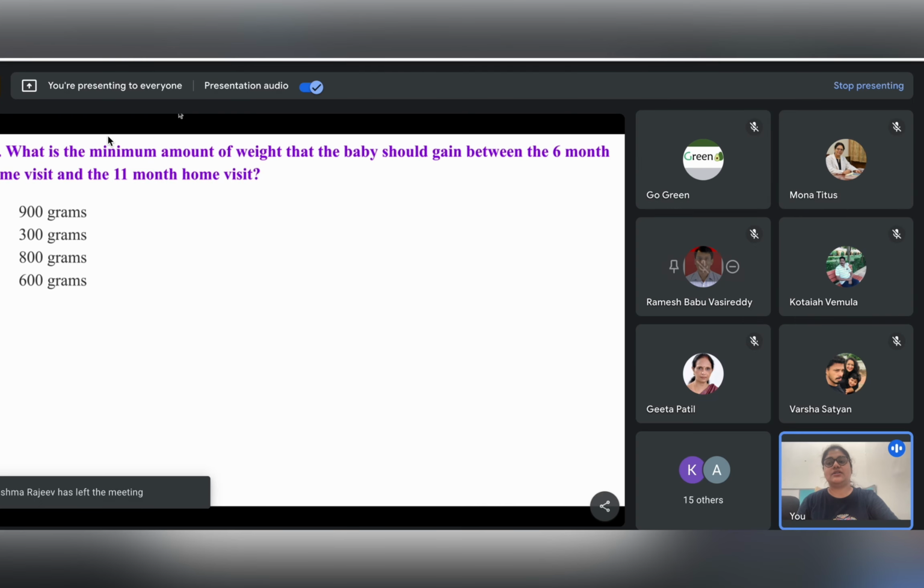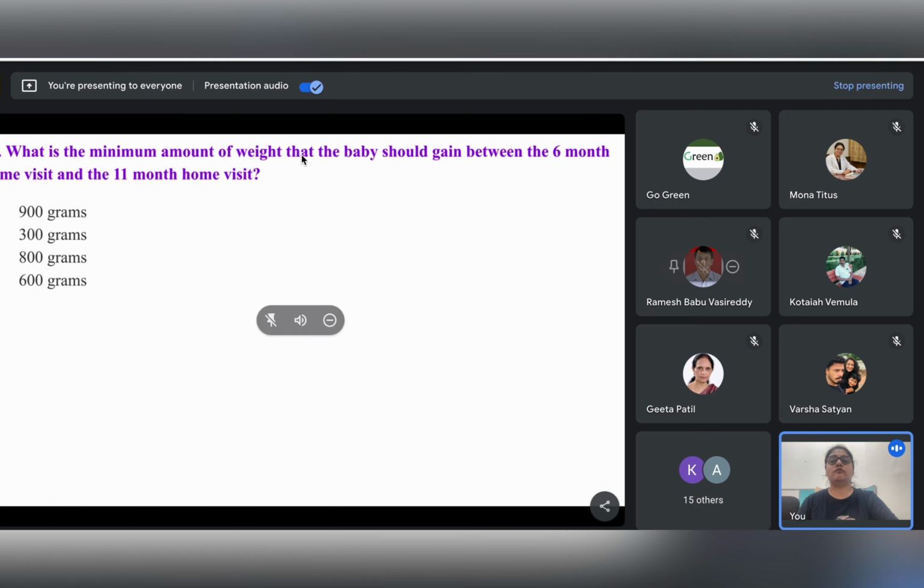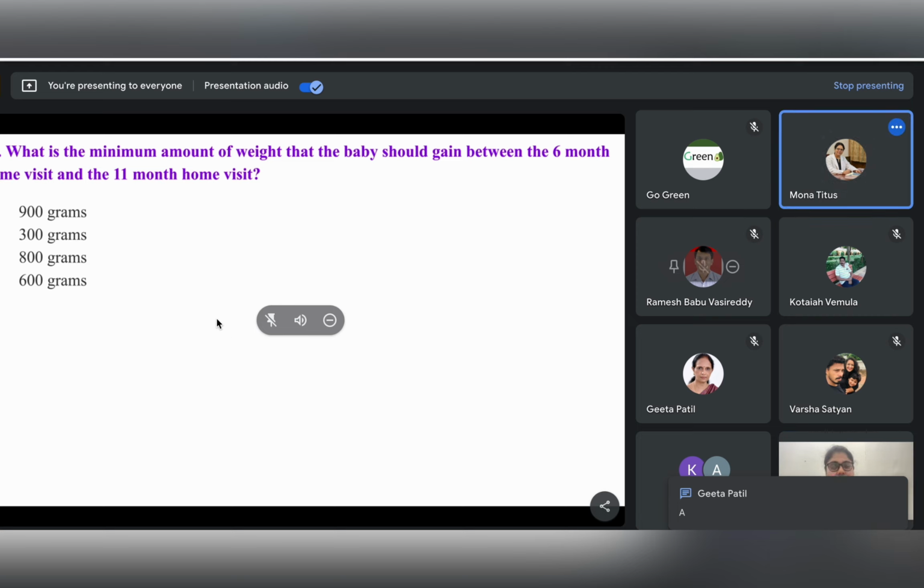So next question, what is the minimum amount of weight that the baby should gain between the 6th month home visit and the 11-month home visit? Option A. Right.